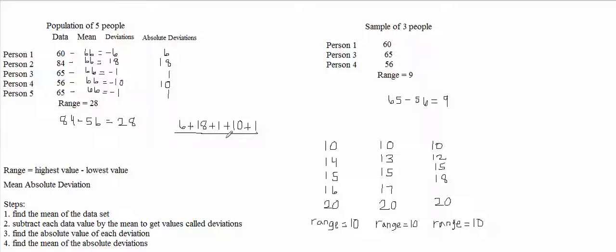We add them and we divide by 5, because we're dividing by the number of numbers. There's 5 numbers in here, so we divide by 5.